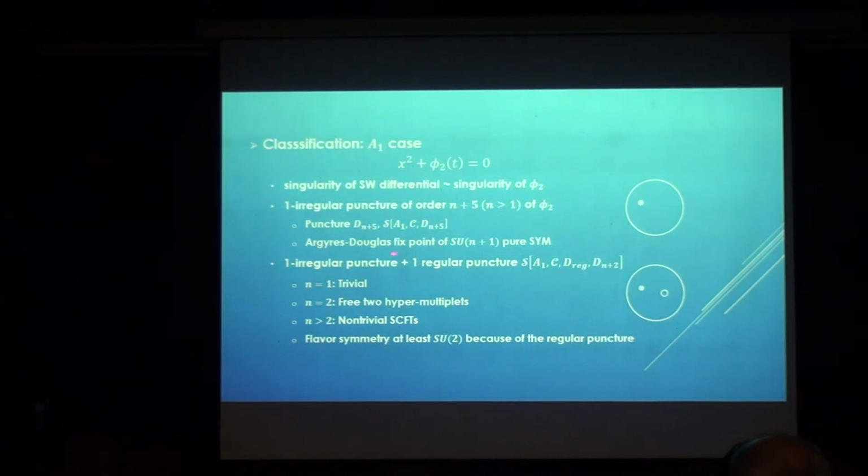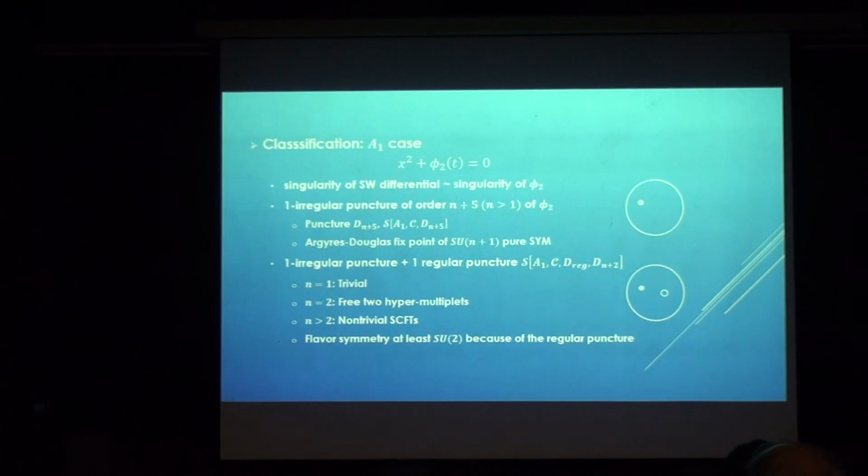Then this series corresponds to the Argyres-Douglas fixed point of SU(n plus 1) pure Yang-Mills. And if we add regular punctures here, we can get flavor symmetries. So this corresponds to some fixed point of some super Yang-Mills plus some quarks.